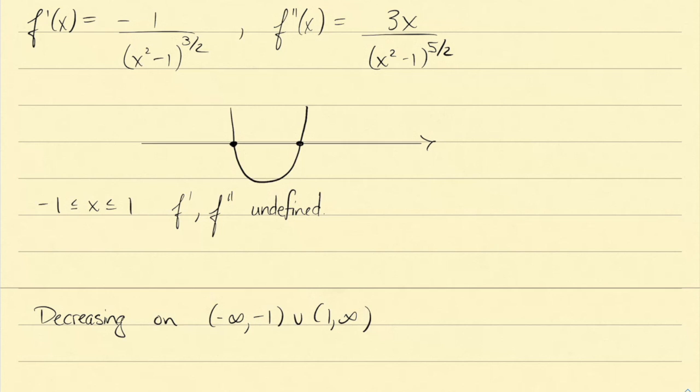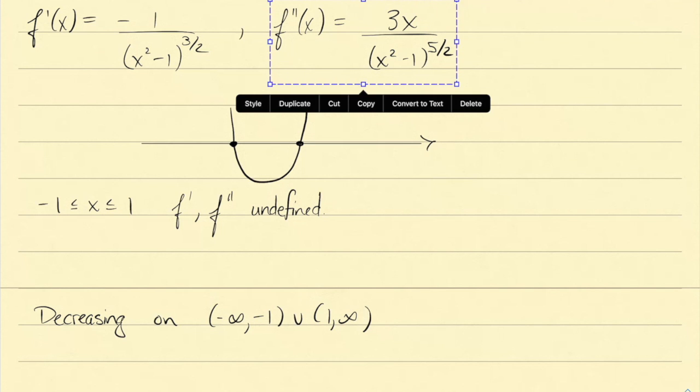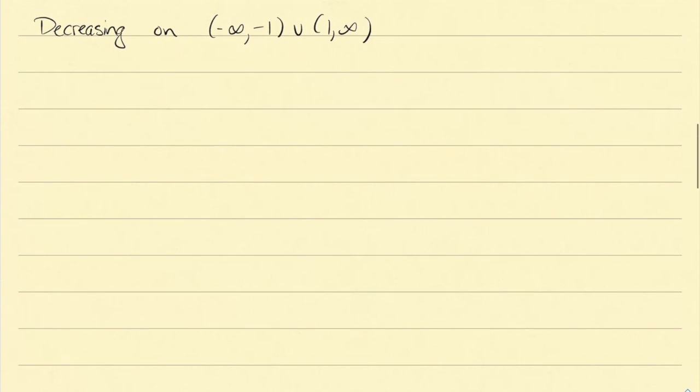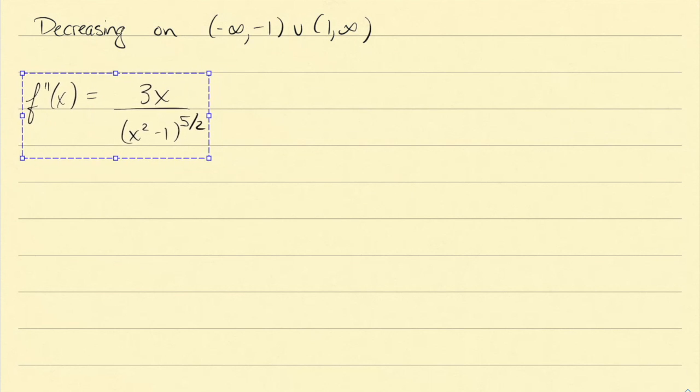Okay, next we have to think about the concavity of our function. The concavity is dictated by the second derivative, which we're going to move down here so we can keep it going. Similarly, this function is only defined to the left of -1 and to the right of +1. In both cases, the denominator is going to be a positive number. So the sign of our second derivative is determined entirely by the function 3x.